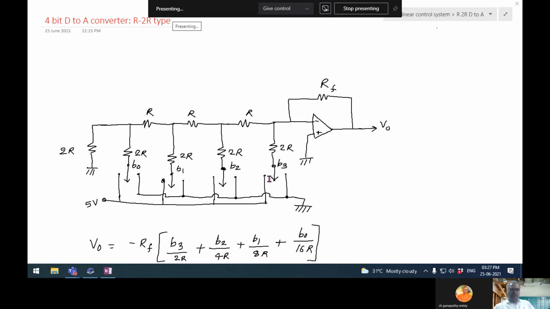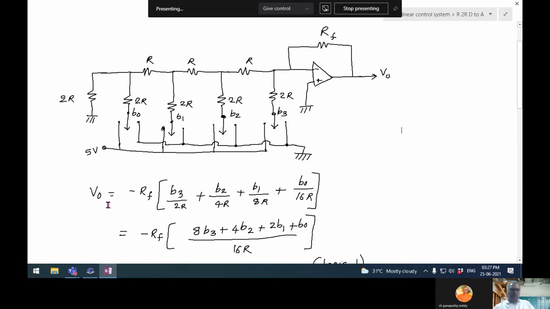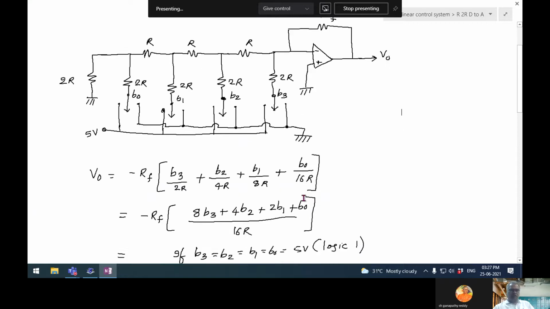If you see the derivation of this V naught expression, which anyway you study in theory, you will get V naught equal to minus RF times (B3 by 2R plus B2 by 4R plus B1 by 8R plus B0 by 16R). This is 2 square, 2 cube, 2 to the power of 4, like that.